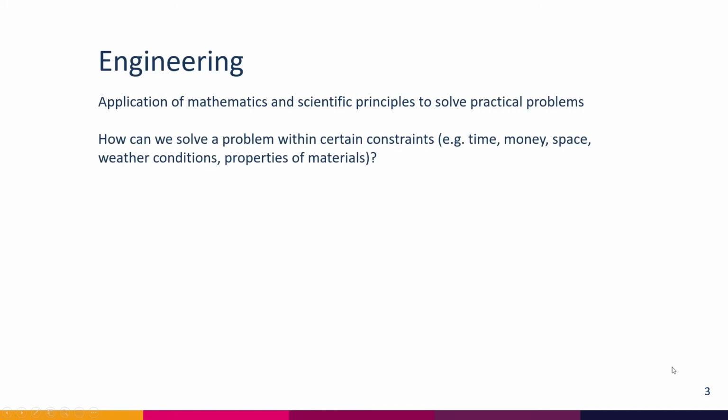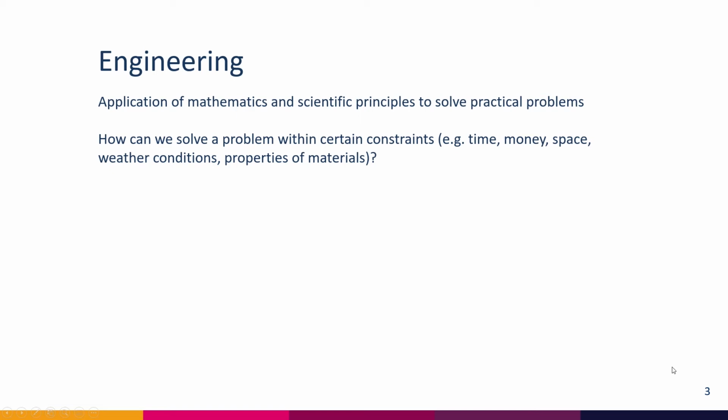As you know, engineering is the application of mathematics and scientific principles to solve practical problems. We ask the question, how can we solve a problem within certain constraints? These may be time, money, space, weather conditions, or properties of materials.